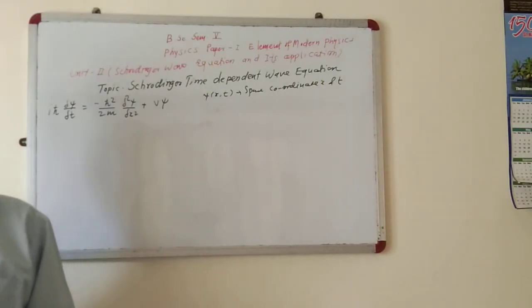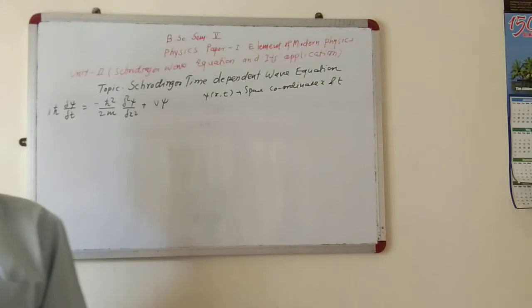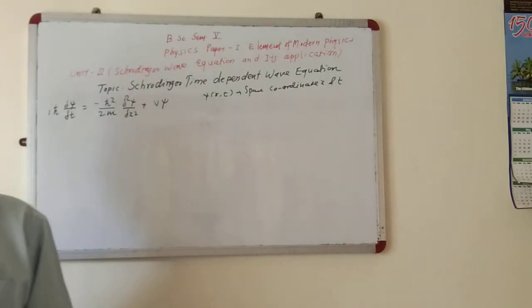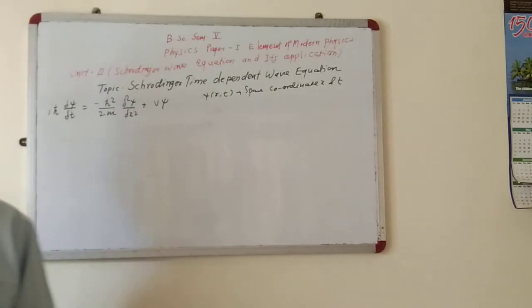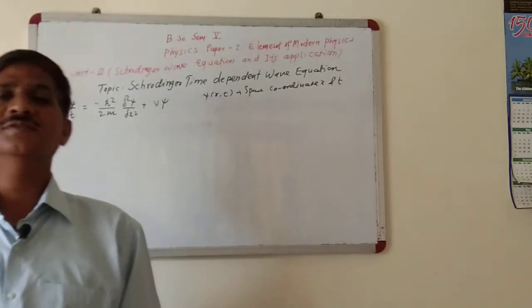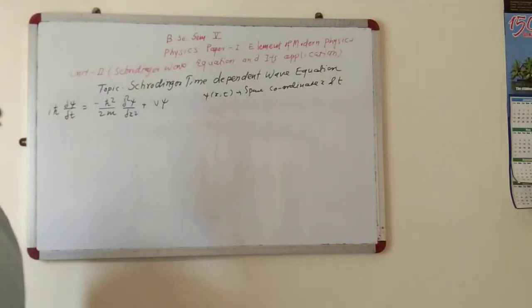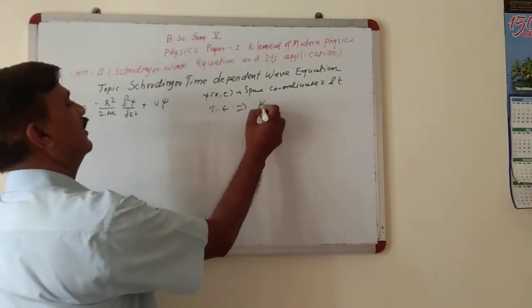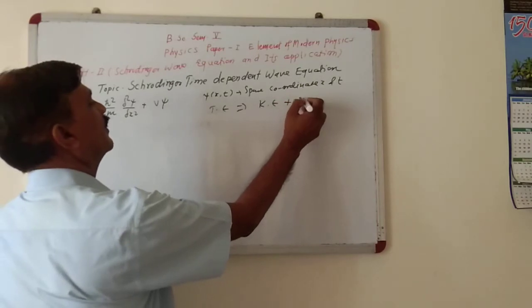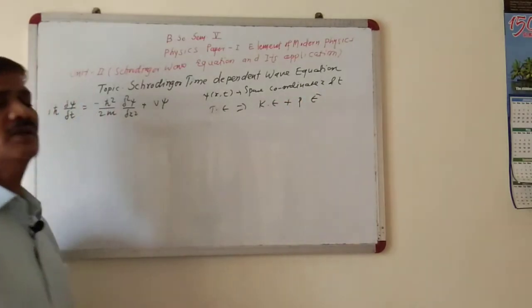Then we apply Planck's hypothesis, that is E equals hν, and also use the concept of total energy, that is, the total energy is the addition of kinetic energy plus potential energy.